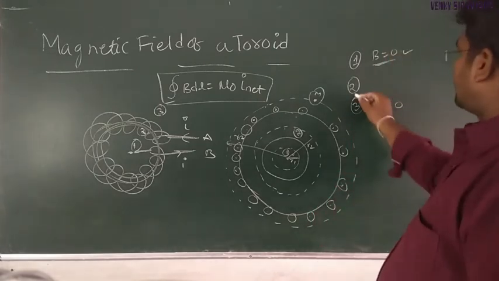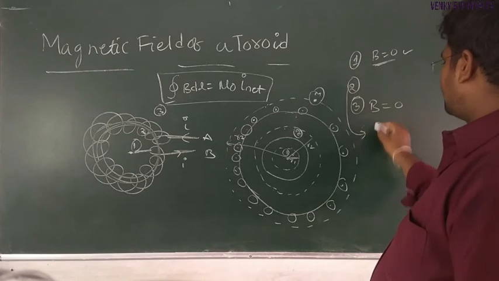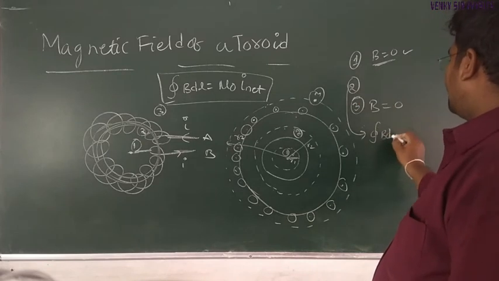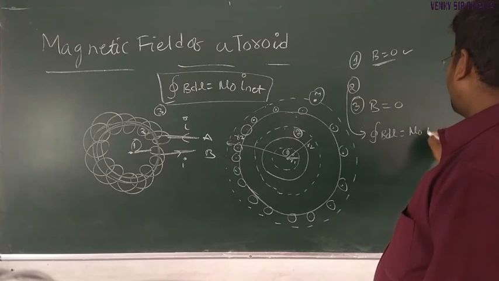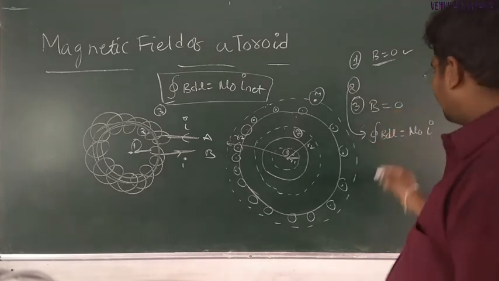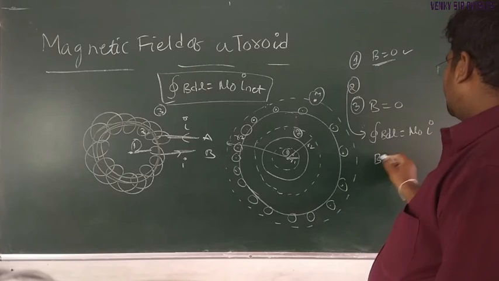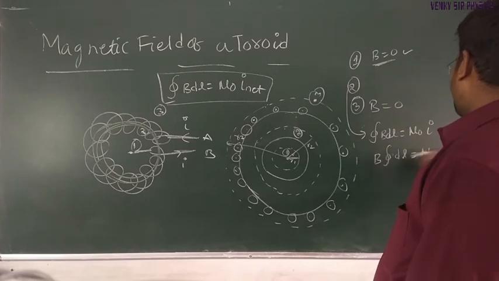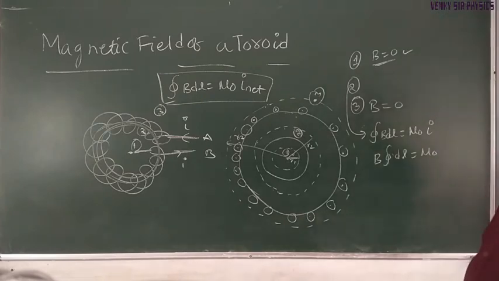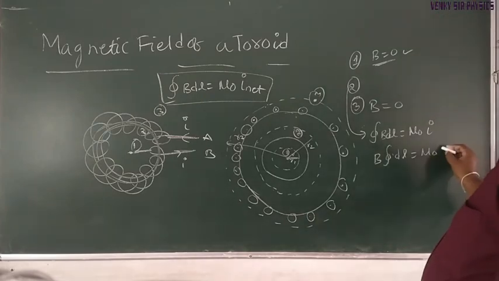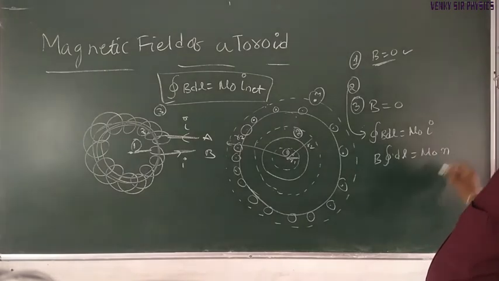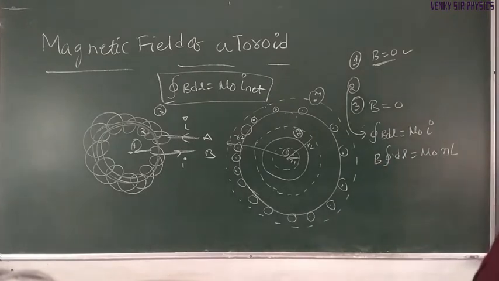At the second point we can apply integral B dL is equal to mu naught I. So B into integral of dL is equal to mu naught times the number of turns per unit length, small n, the length of the toroid, and the current.